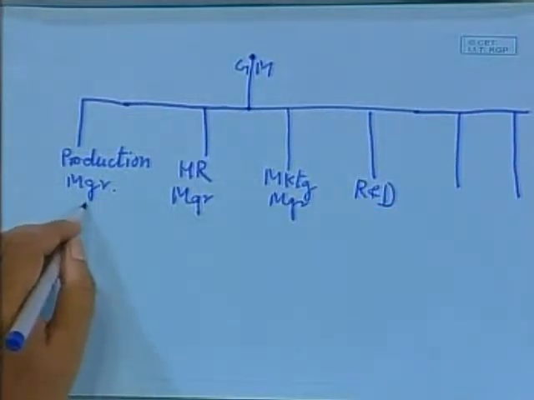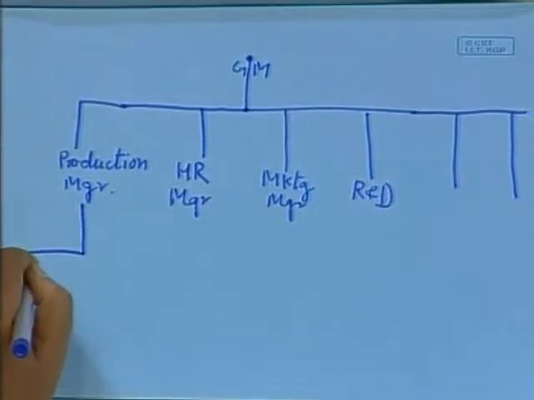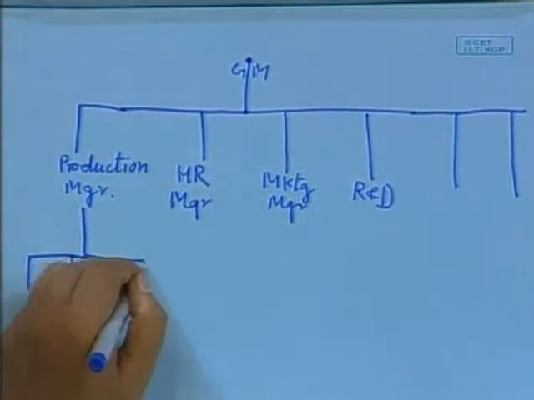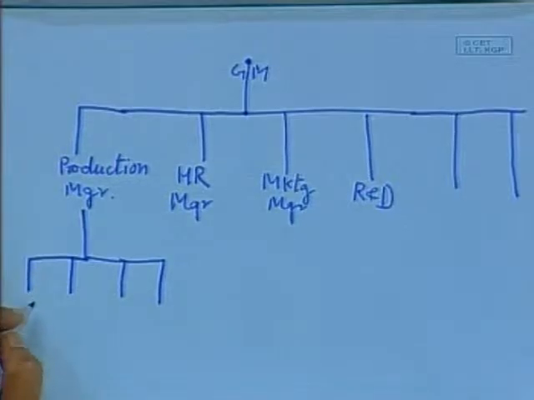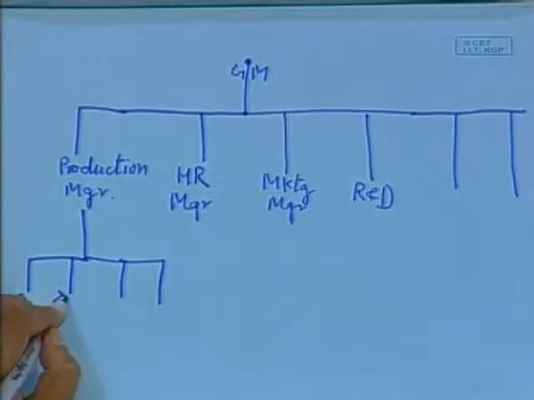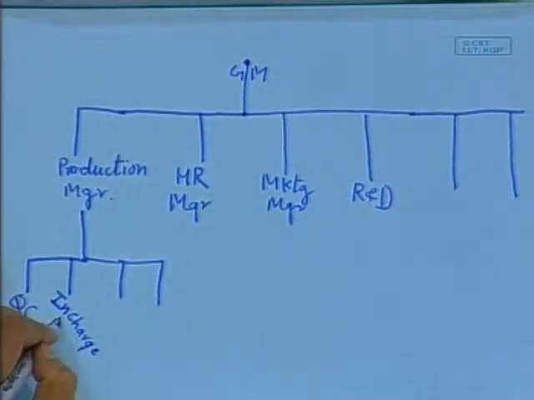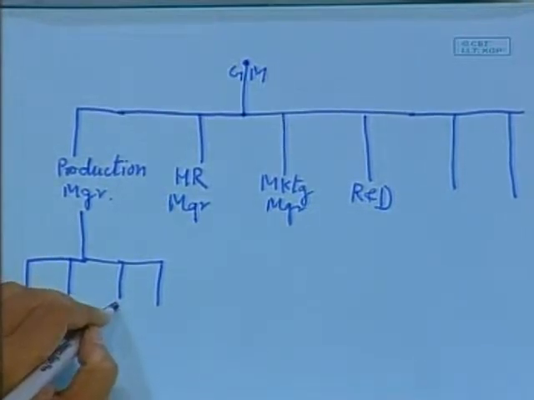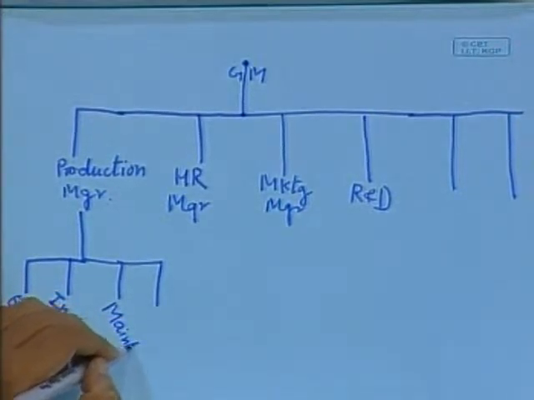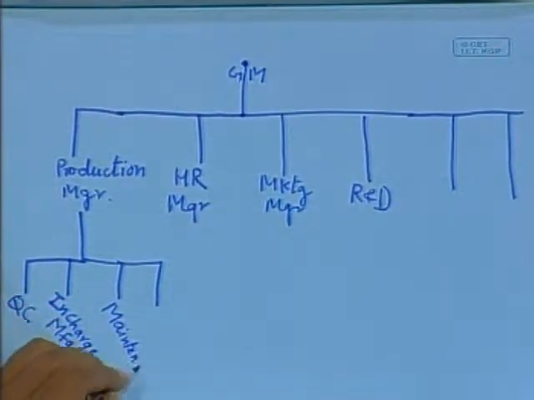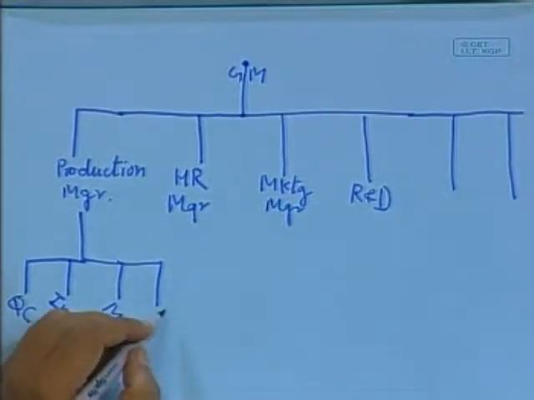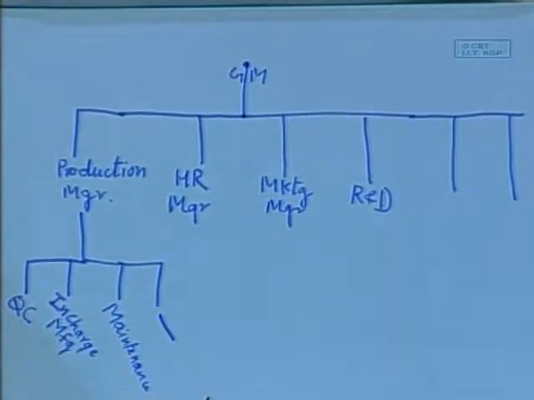Now, under the production manager you have a number of managers working, isn't it? One is, say, the quality control manager. One is in charge of the manufacturing, one is the maintenance manager, and similarly another manager may be working under this production manager.